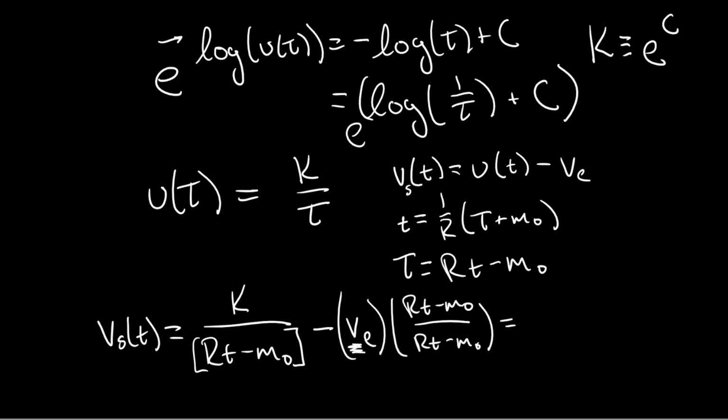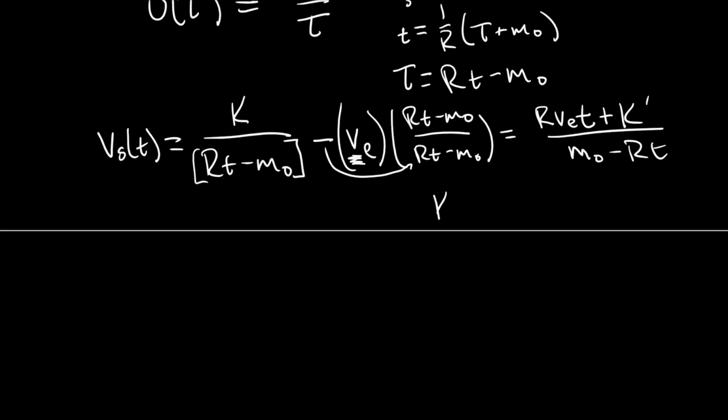And this gives me something which looks like, I'm going to pull this minus sign into the denominator here, RVET plus k prime, which is a new constant, m naught minus RT, where k prime is just a bunch of constants lumped together.